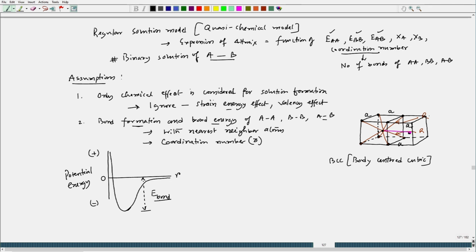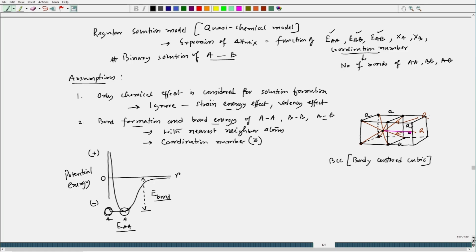Let us say we are considering two atoms, this is one atom, this is another atom, of AA type. So, those two atoms will have an EAA bond, and every time there will be a negative value. So, all the bonds have different negative values.